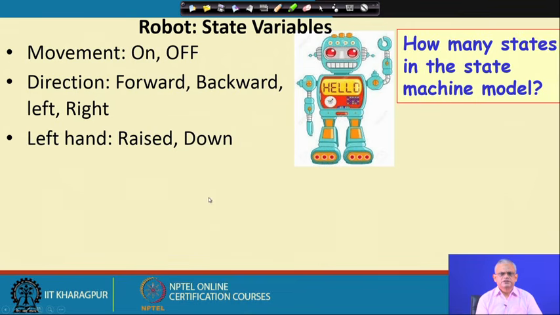Now, there can be further states. For example, the left hand raised or down. So, these are 2 states. Now, the number of states becomes 2 into 4 into 2, because for each state here, we can have 2 cases, left hand raised or down. Similarly, the right hand raised or down.